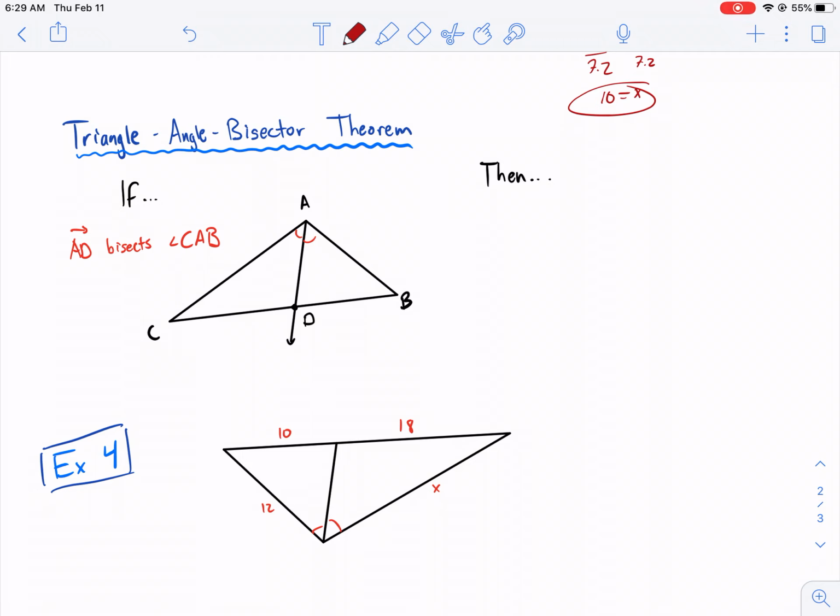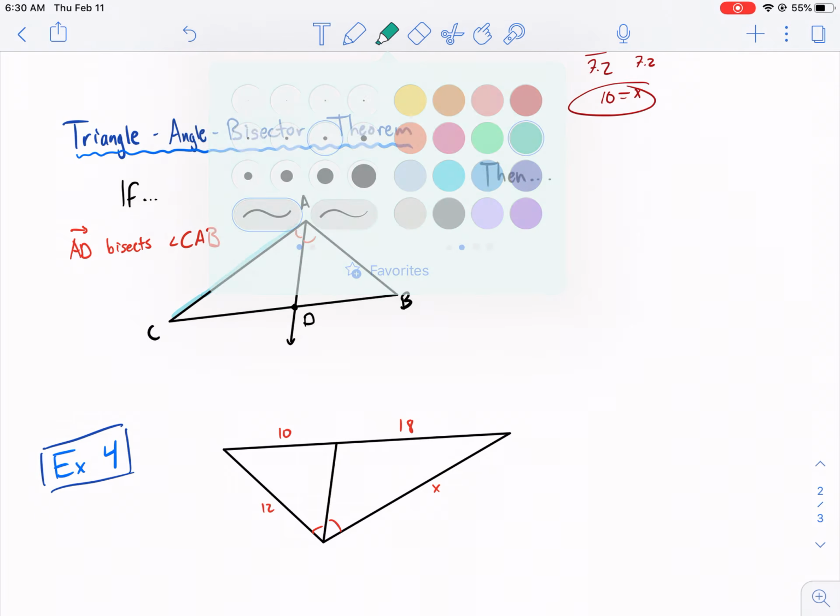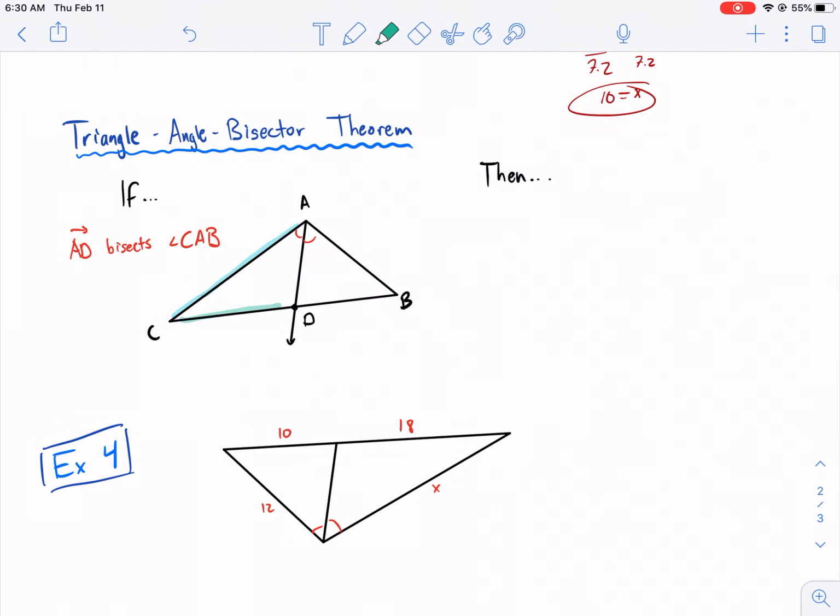We have the triangle angle bisector theorem. We're given that AD bisects CAB. Okay, so we're going to have a very similar situation. We're going to have this segment here, CA, compared to CD is going to be equal to AB over DB.